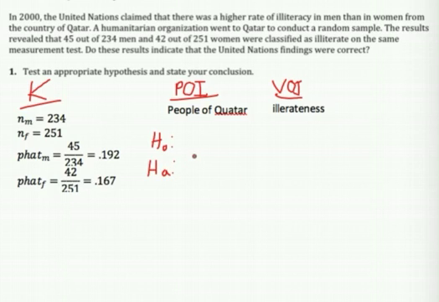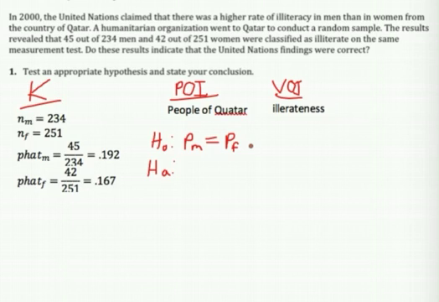Hypotheses. I didn't write hypotheses, but I think you guys got the point. Okay, so we should be putting some parameters in here. We'll assume there's nothing unusual. In other words, they're about the same.